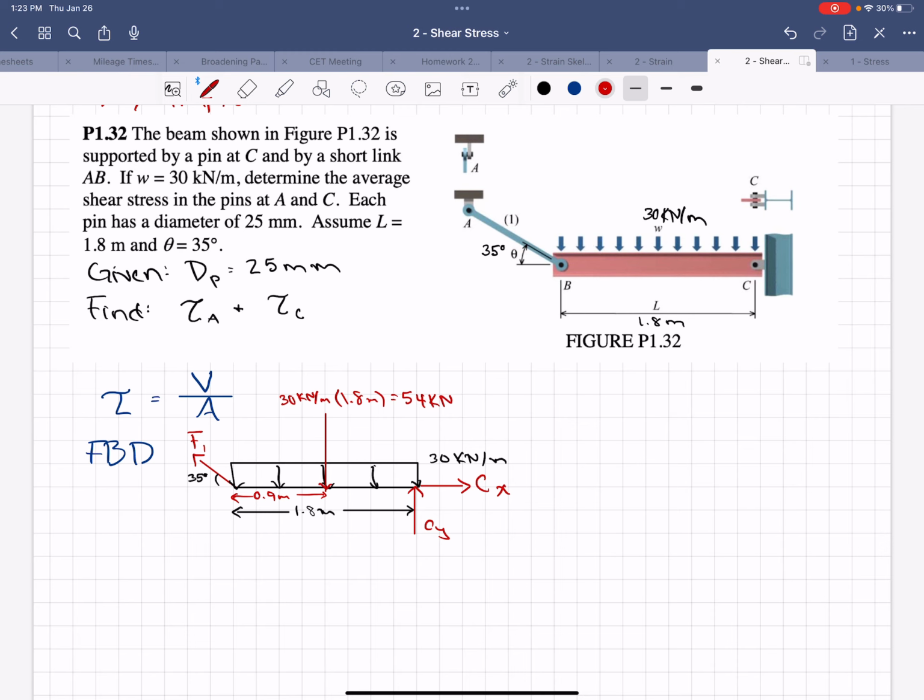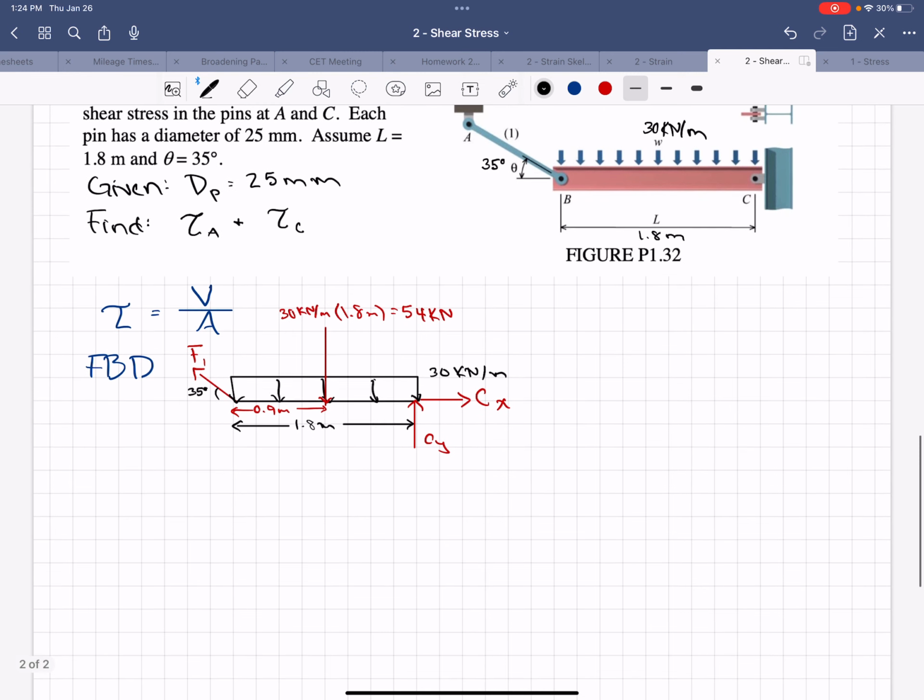Okay, so then we do equilibrium to find the reactions so that we can get the force on these bolts. So equilibrium. So we're going to have to do all three equations because we need F1, Cx, and Cy.